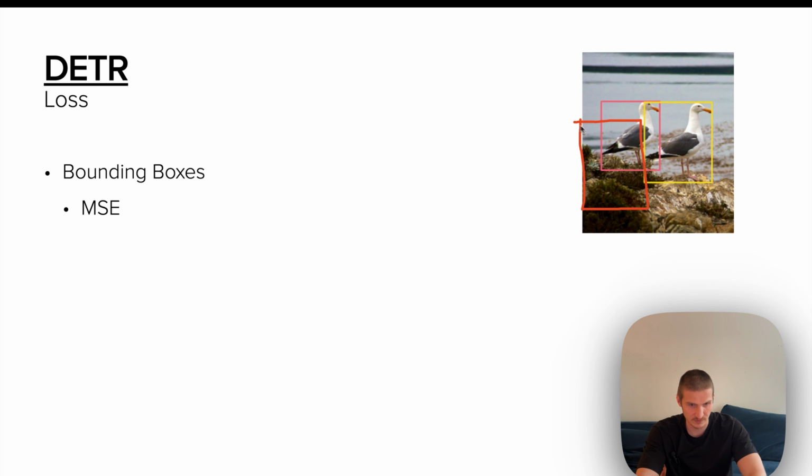we have these 4 numbers for the bounding box, and let's say the predicted bounding box is slightly different from the ground truth, and so we'll basically compute the difference in the coordinates. In case of DETR, I think it's for the upper left corner of the bounding box, and then the size, so the actual size difference between the width and the height of the bounding box.